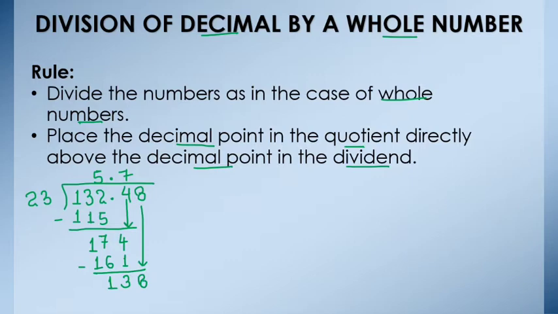Now 23 sixes are 138. So it will be equal to 0. Therefore quotient is 5.76. So as you can see, the whole division we have done just like the whole numbers. But when decimal comes in between two numbers, we have to first place this decimal up in the quotient.